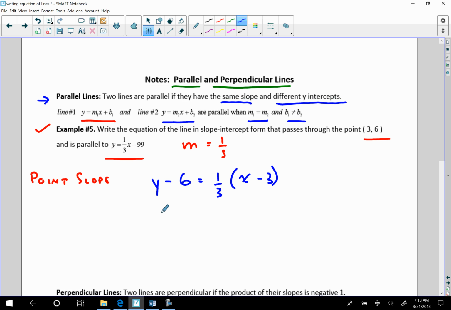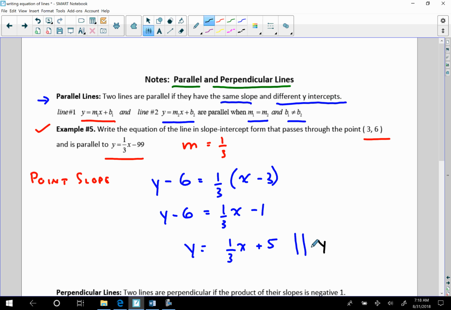First thing I'm going to do is distribute like I did before. I have 1/3 x, 1/3 times 3 is 1, minus 1. Add 6 to both sides. And I have 1/3 x plus 5. So this line is parallel to this line.